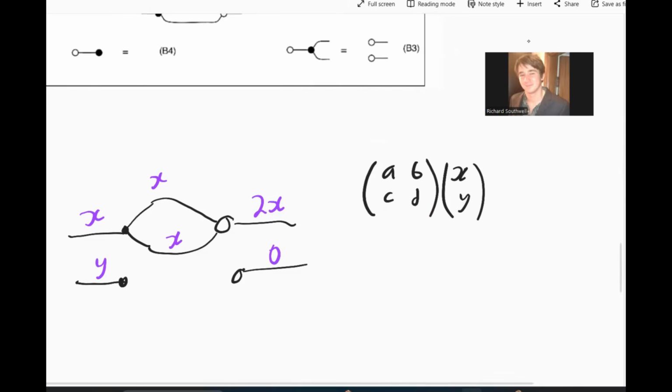And there we can think of those as two numbers, which are our inputs. And then when we multiply this column vector by this matrix, the result, let's say by definition, is AX plus BY, CX plus DY.